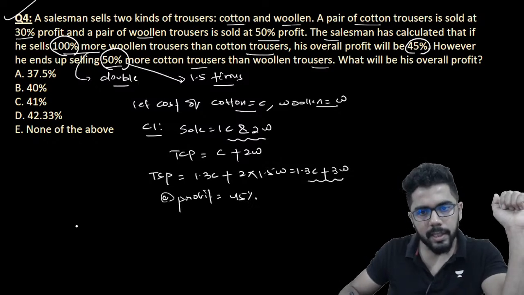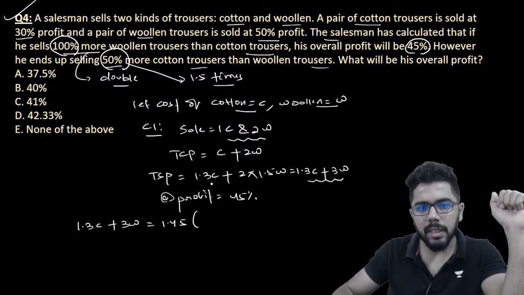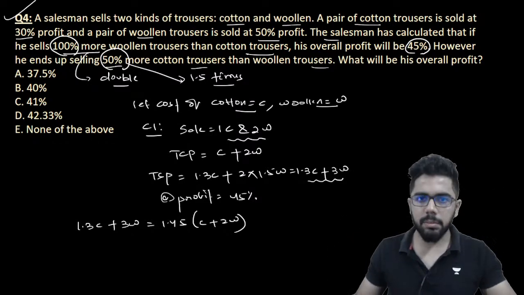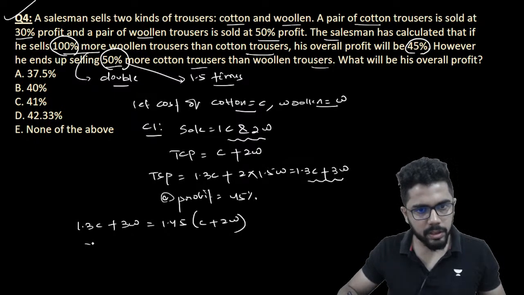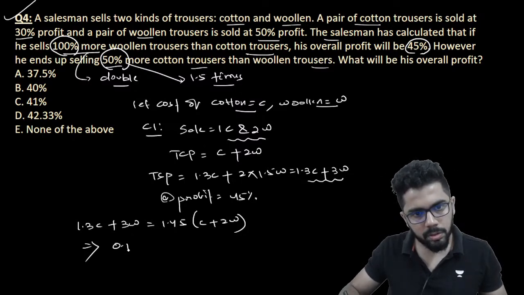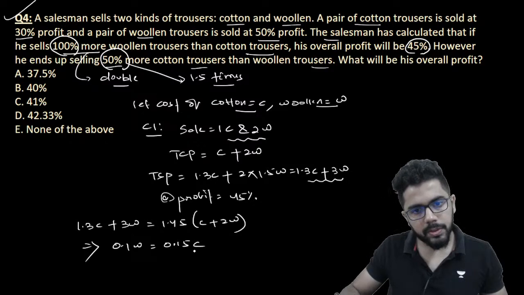That means the selling price, which I got as 1.3C plus 3W, is equal to 1.45 times the total cost price, which is C plus 2W. Because if we take a 45% profit on the total cost price, that also gives the selling price, isn't it? So 1.3C and 3W minus 0.9, so I get 0.1W is equal to 0.15C, and I get 2W is equal to 3C.